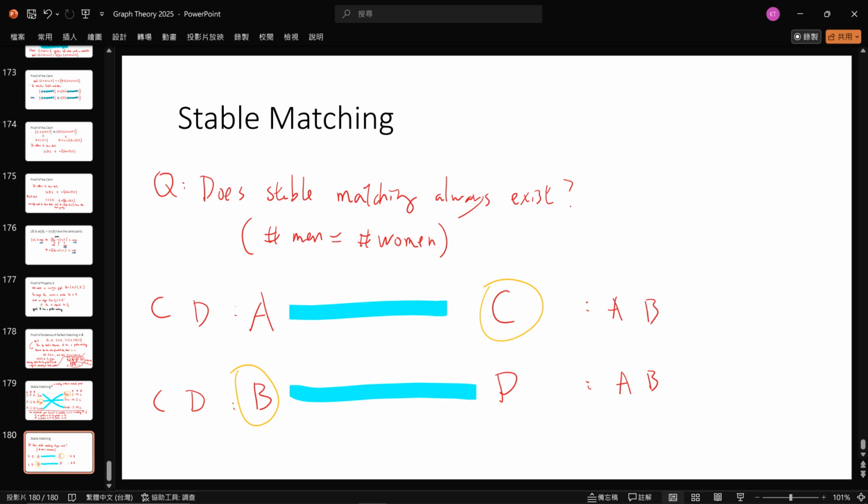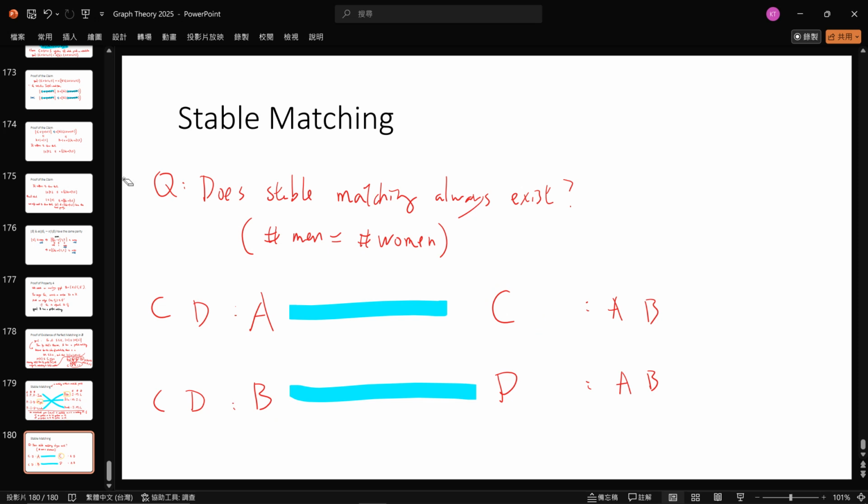Okay. How about C? Well, for the case of C, C is matched to its favorite. Okay. So this does not satisfy the second constraint.